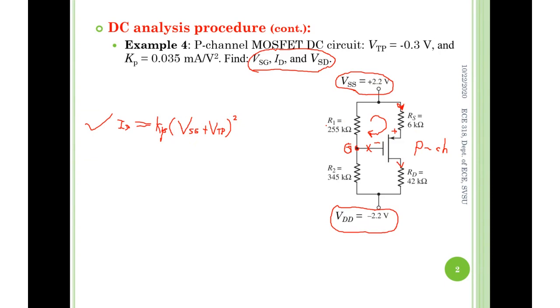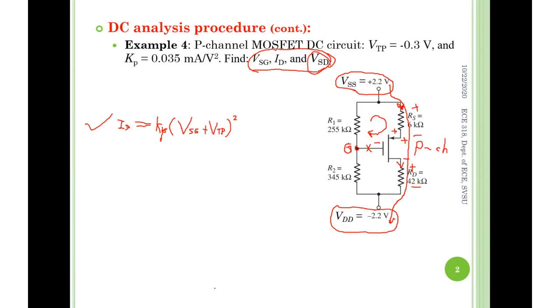And the last one, the path KVL, meaning this, Daniel. We start from the top positive 2.2 and go all the way down to the bottom negative 2.2 through how many voltage terms? 1, 2, 3, right? 2 resistor voltages and 1 VSD, which is one of our unknowns here.